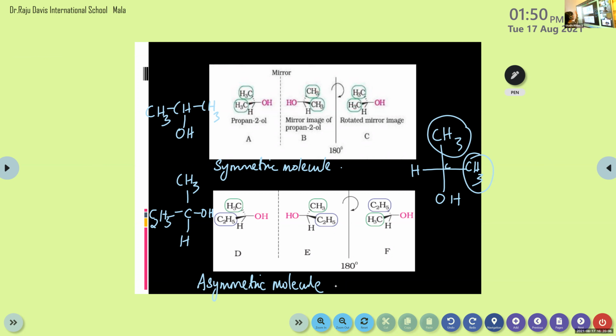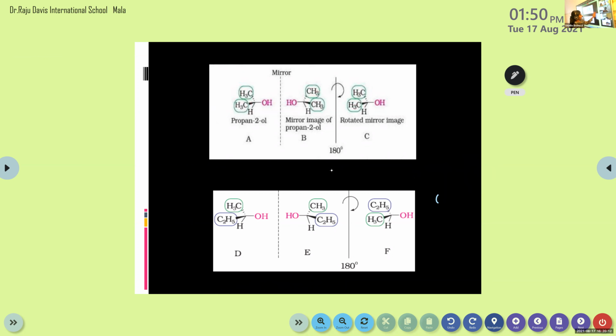So now we are going to check whether this one is optically active or not. The first one, A, is already symmetric. Then the second one is the mirror image of the same propan-2-ol.